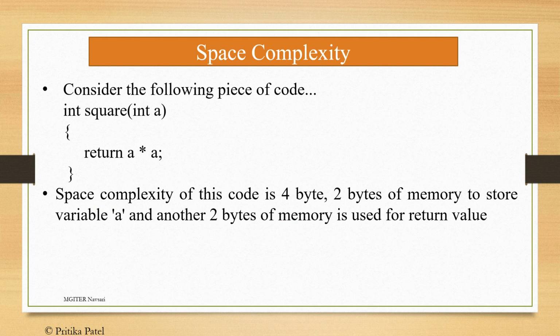Now in this piece of code, it requires 2 bytes of memory to store variable a, and 2 bytes of memory are required to return the value. So that means totally it requires 4 bytes of memory to complete its execution, and this 4 bytes of memory is fixed for any input value of a.